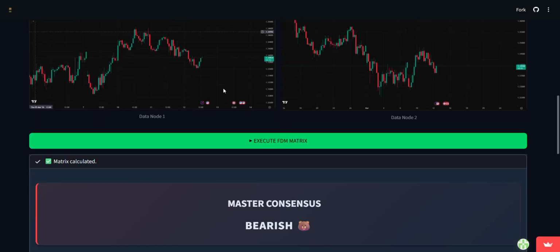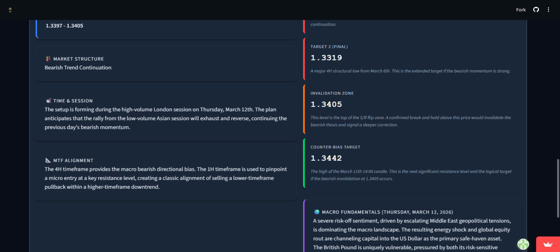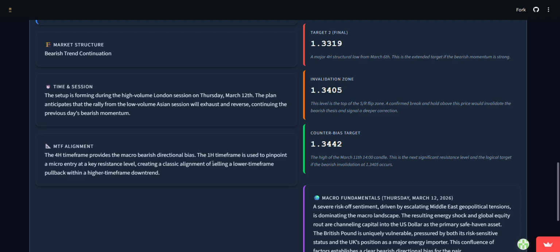So the analysis is done. Master consensus bearish. Verified pivot zone 1.3397 to 1.3405. Bearish trend continuation. London high volume session. The plan anticipates that the rally from the low volume Asian session will exhaust and reverse, continuing the previous day's bearish momentum. The 4H time frame provides a macro bearish directional bias.